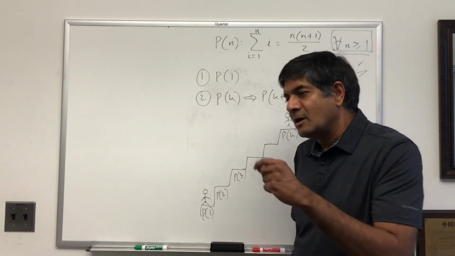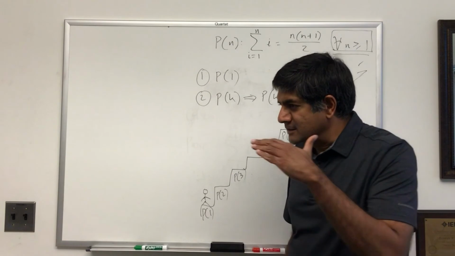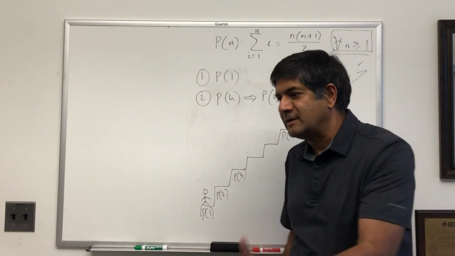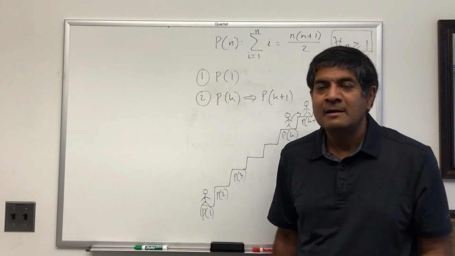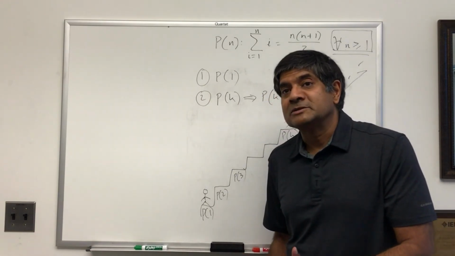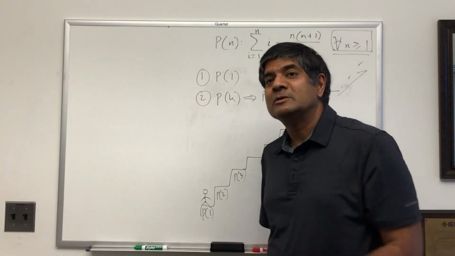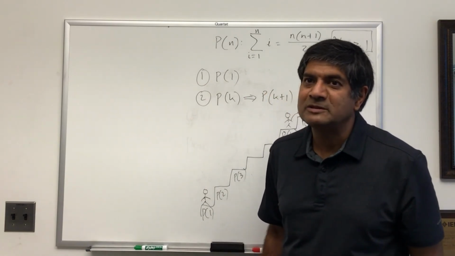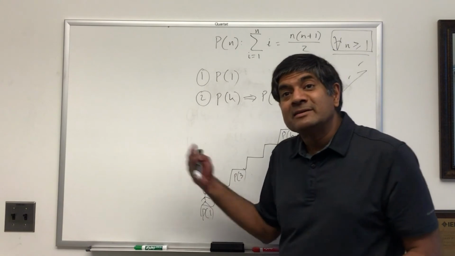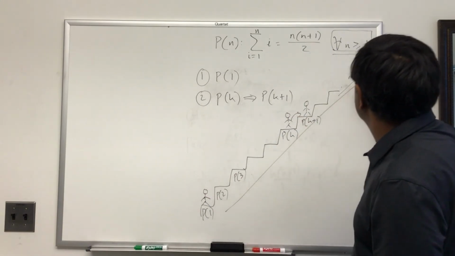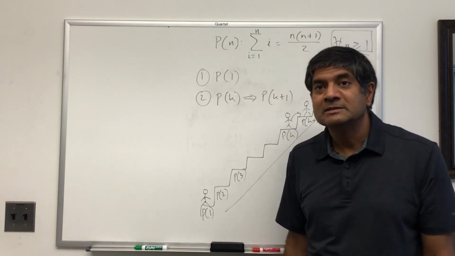Wherever I am, I can certainly go up one more step. If I'm on step number 75, I can definitely get to step 76. But now I'm on step 76, so I can definitely go one more step, up to step 77. And if you take that argument to the extreme, you can essentially climb up an infinite staircase.